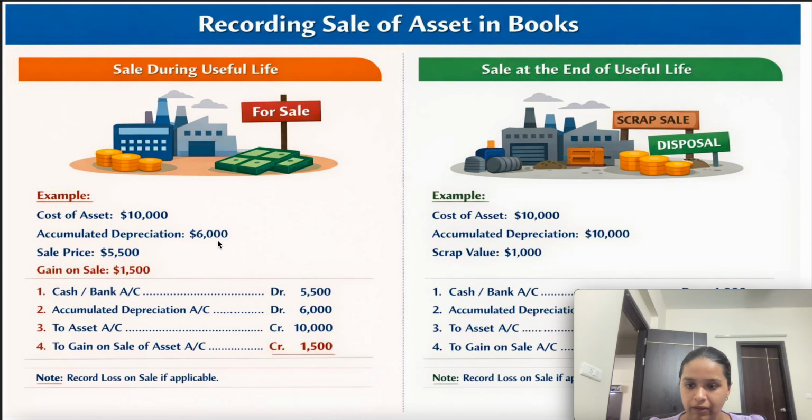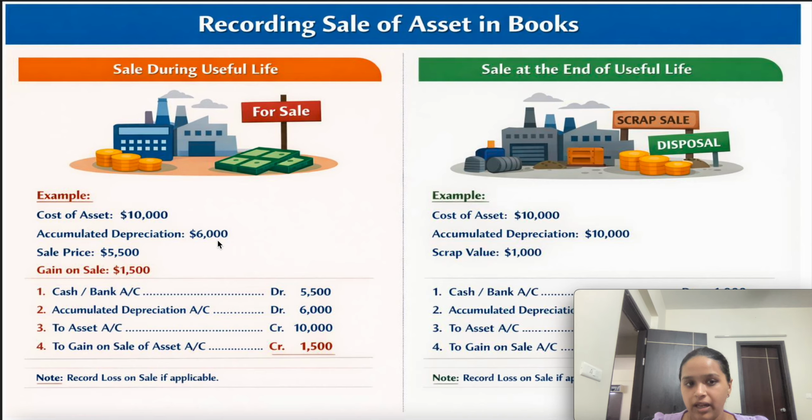So what is the carrying value or book value in our books? 4,000, right? And sale price 5,500. It means in the market you are able to sell that asset at 5,500. So how much profit have you generated? 1,500, because in the books of accounts the carrying value of that particular asset is 4,000, but in the market you are able to sell at 5,500.